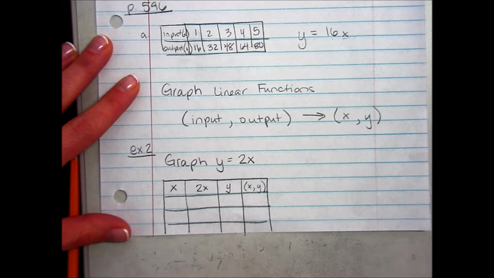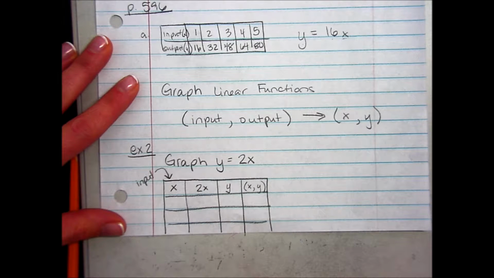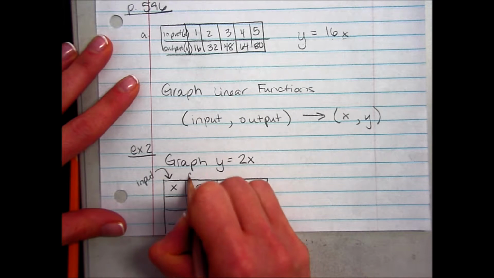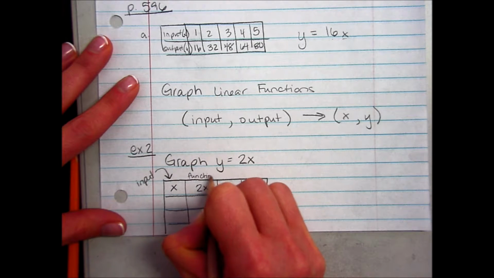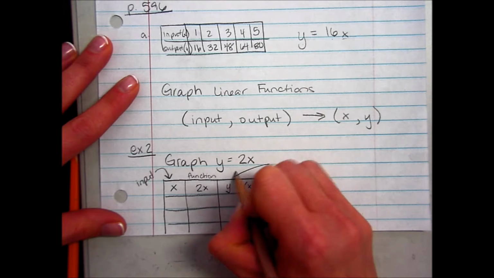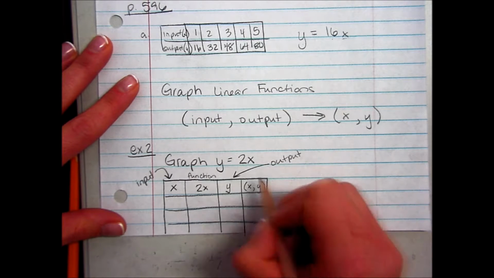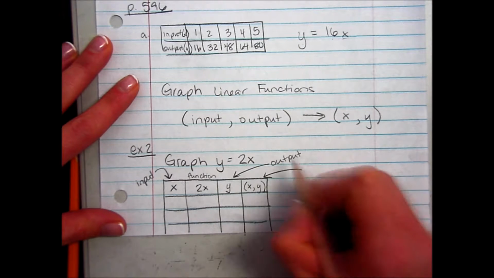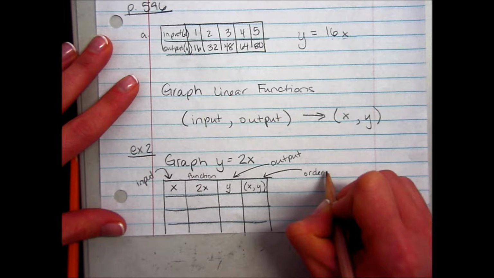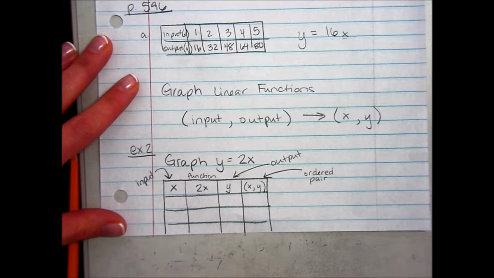I'm going to relabel those just in case you forget when you get to that problem. Remember, X is your input. This is your function. Y is the output. And this will be the ordered pair that you create from your X and Y once you find what they are.